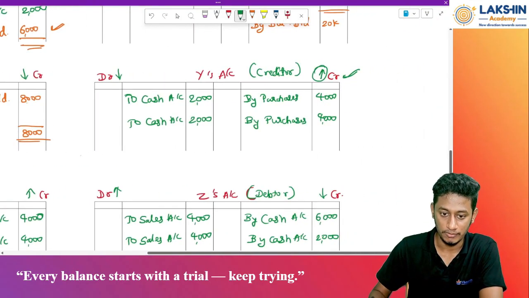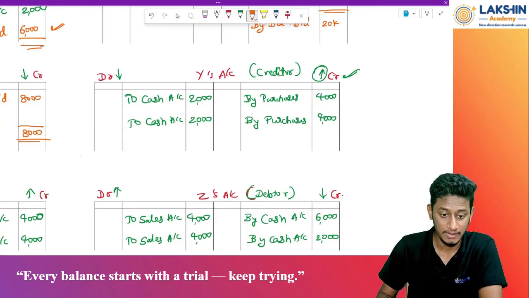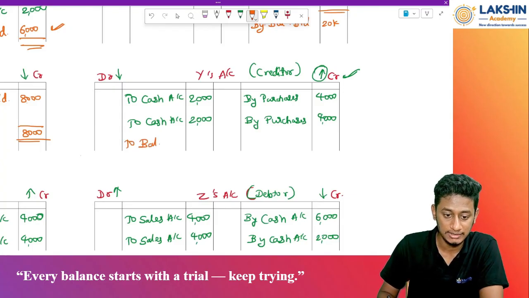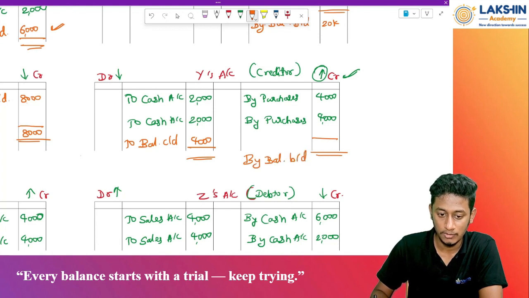Then the Rice account. Now let us see what has happened over here. 2,000, 2,000, 4,000, 4,000. So basically this is 4,000 for 8,000, and 4,000 is the remaining balance. So on this side, To balance carried down, how much? Rupees 4,000. Write down the totals. And on this side, By balance brought down, how much?